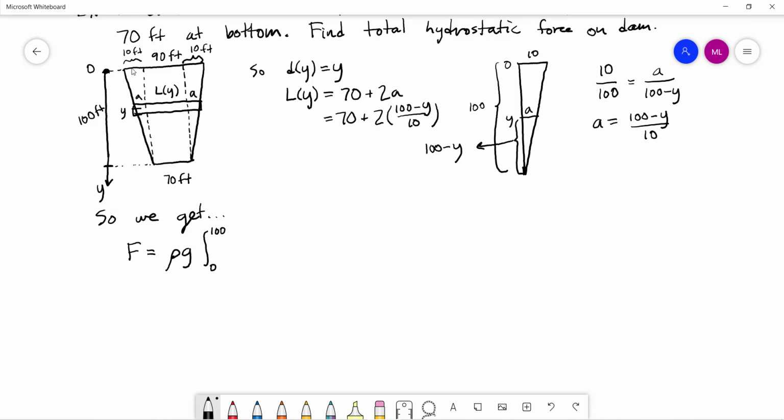Again, we said we were assuming the water's all the way up at the top, so the depth of the water goes from 0 all the way down to 100 feet. And our depth, d of y, was just y. And our L of y, the cross-sectional length at any given point, is going to be 70 plus, I can simplify this a little bit, the 2 and the 10 will cancel, so we can write this as just 70 plus 100 minus y over 5 instead.